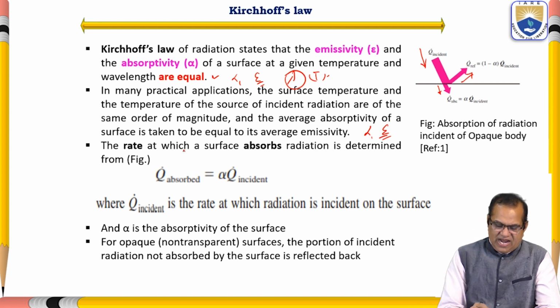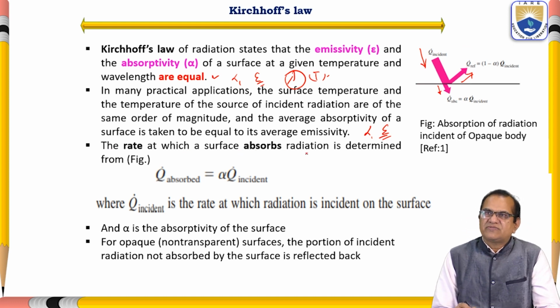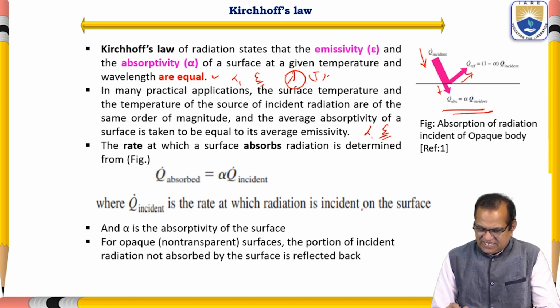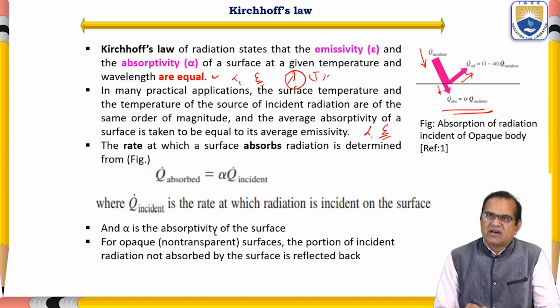So the rate at which a surface absorbs radiation is determined from the figure. Q dot absorbed is equal to alpha into Q dot incident, where Q dot incident is the rate at which radiation is incident on the surface, and alpha is the absorptivity of the surface.